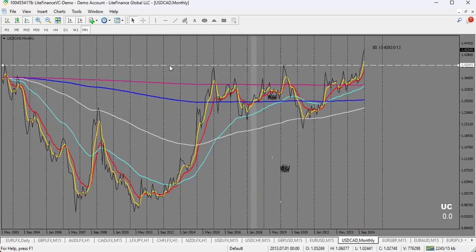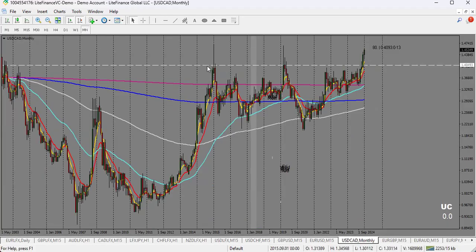So the key support and resistance levels close to the current market price. We have this level here at 1.40493, and this level up here where we have the highest of the weeks.